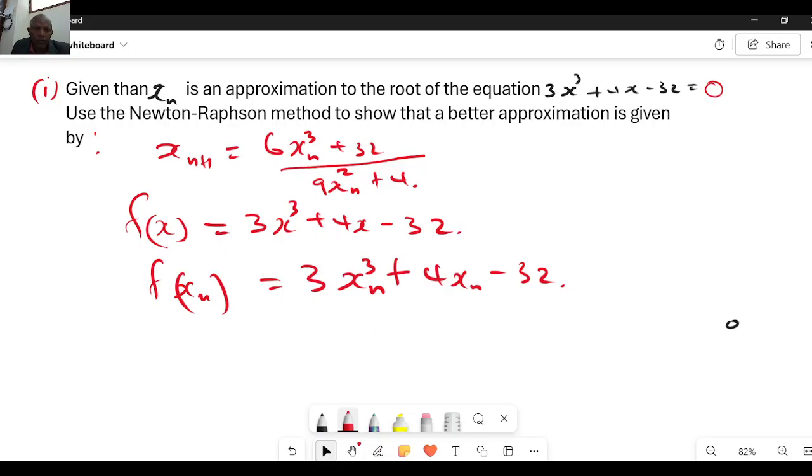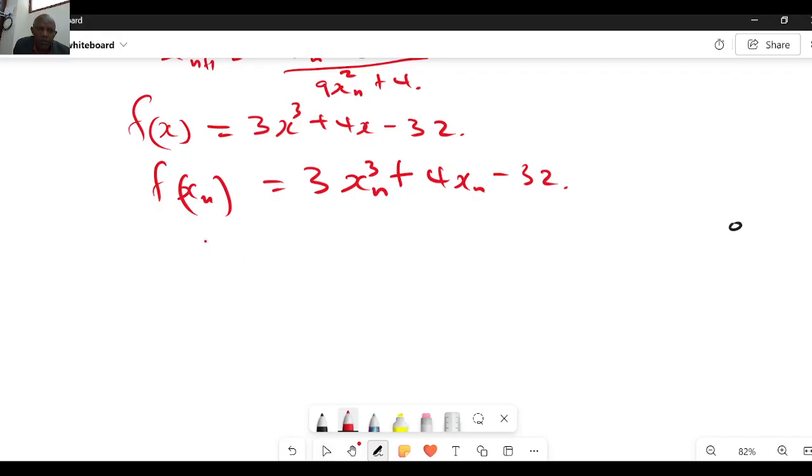Now, from this equation, we also know that the first derivative f'(xn) will be the same as 9xn² plus 4.